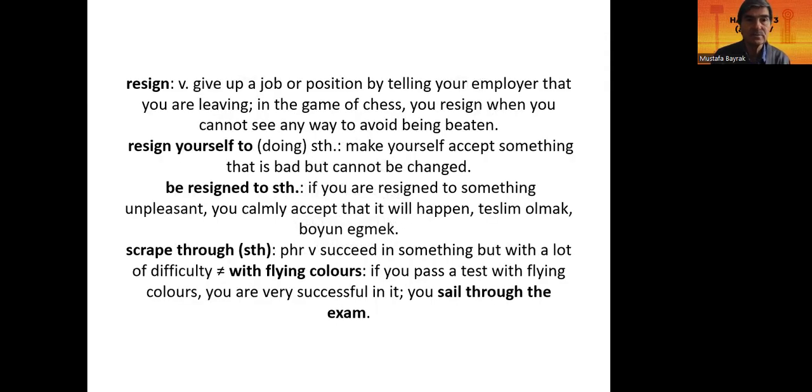Resign. Yes, resign. Active. Be resigned, passive. Okay. Resign means give up a job or position by telling your employer that you are leaving. In the game of chess, you resign when you cannot see any way to avoid being beaten.